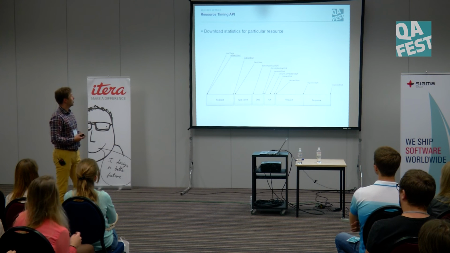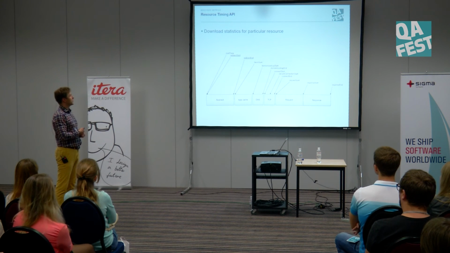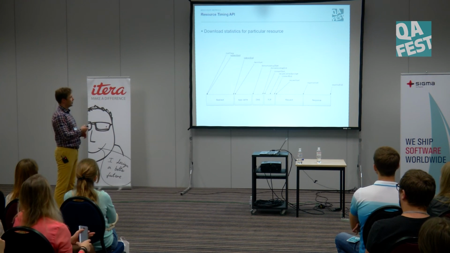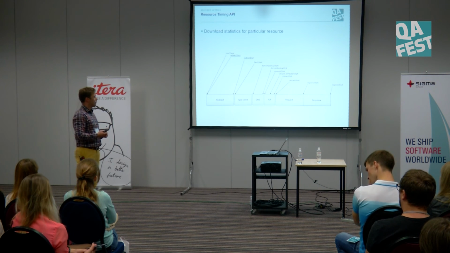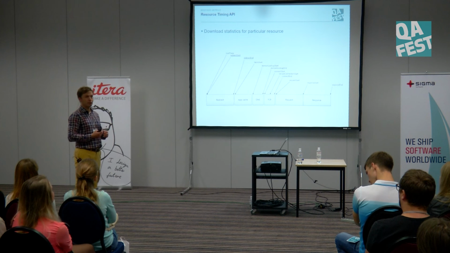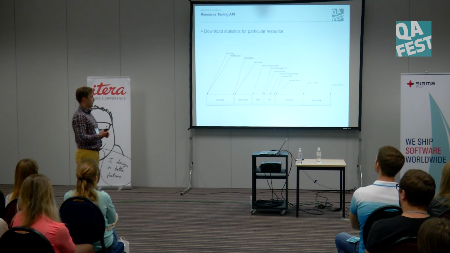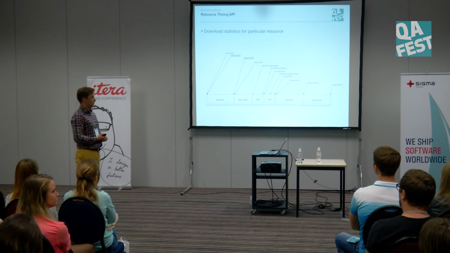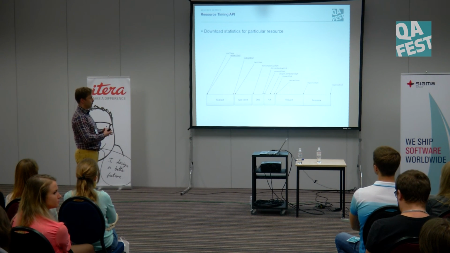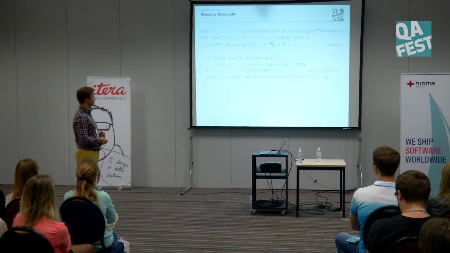So we need something more, and for this we have the resource timing API. This API is able to get the timestamps and measurements for each resource that is downloaded during page load time, and then in a very similar way we can report it using JavaScript code and send it to one of our tools.